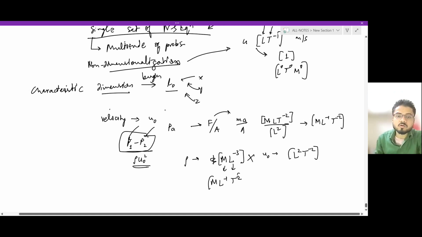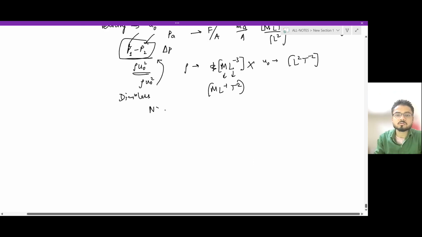So obviously, rho times U naught squared can be used to divide P1 minus P2, that is delta P, the pressure difference, to obtain a dimensionless quantity called the non-dimensional pressure. That is also sometimes referred to as P star, which becomes delta P over rho U naught squared.